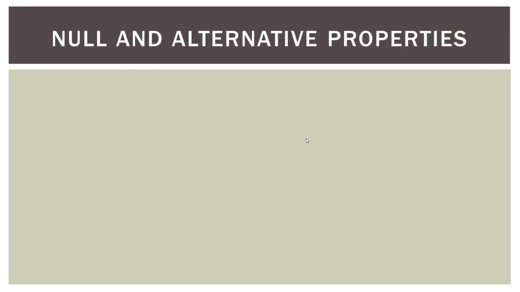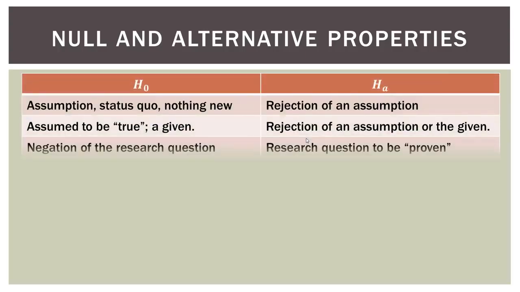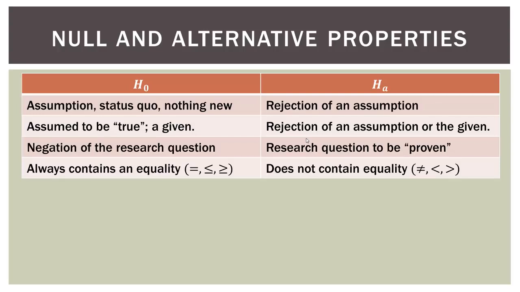Now, a few helpful properties to understand how the null and alternative relate to each other. So we have the column on the left, which is the null, and the column on the right, which is the alternative. So for the null, we have an assumption of the status quo, nothing really new, and sort of the opposite of that is the rejection of that assumption, the rejection of that status quo.